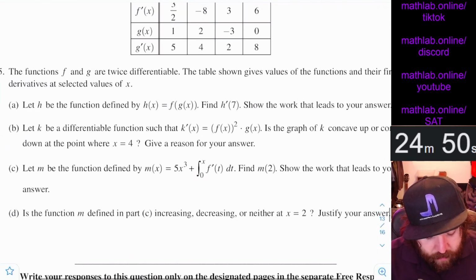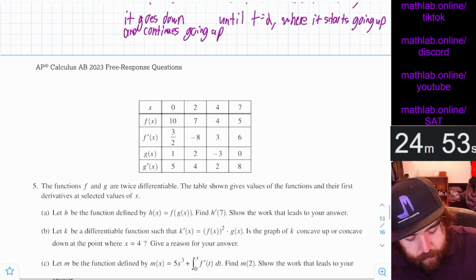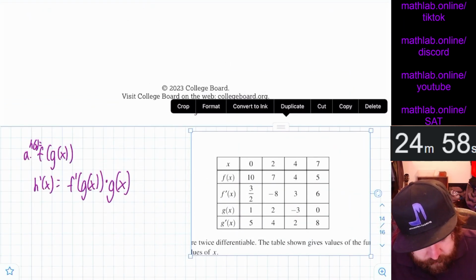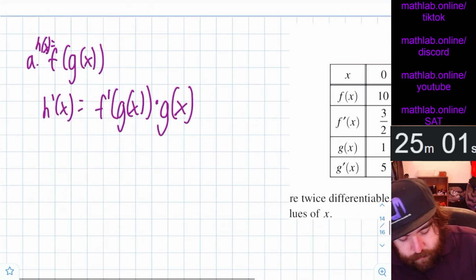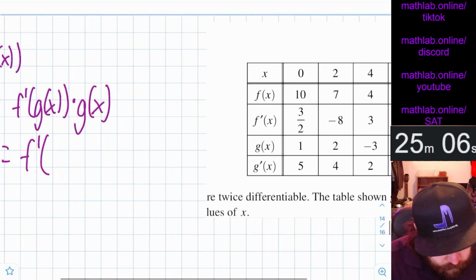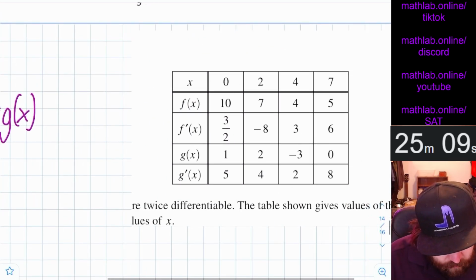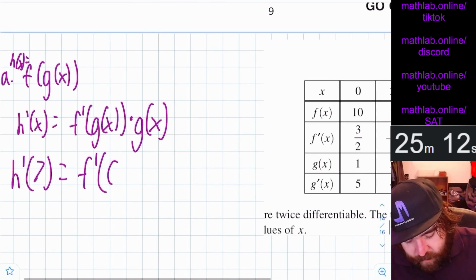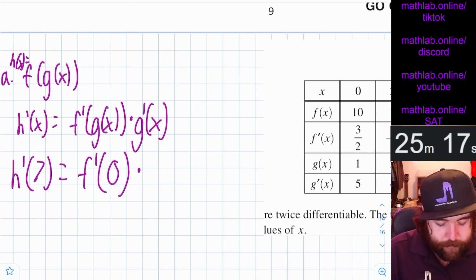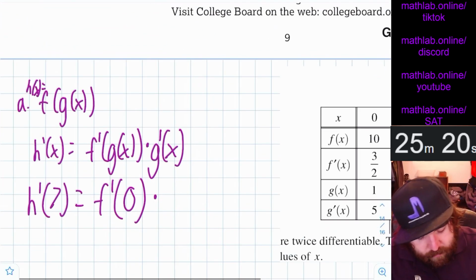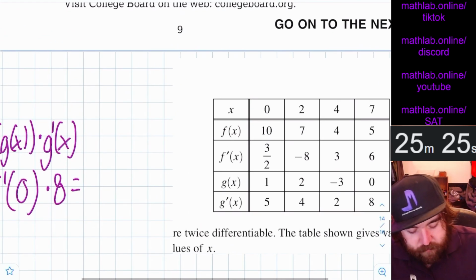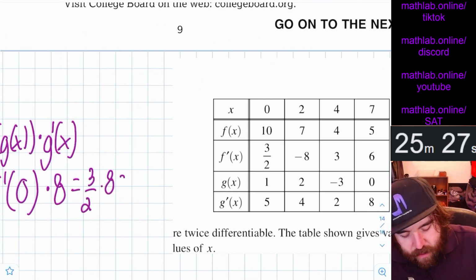And then what we want to find is h prime of 7. So that's going to be f prime of, what's g of 7? g of 7 is 0. So f prime of 0 times g prime of 7. What's g prime of 7? 8. What is f prime of 0? 3 halves. 3 halves times 8 is 12.